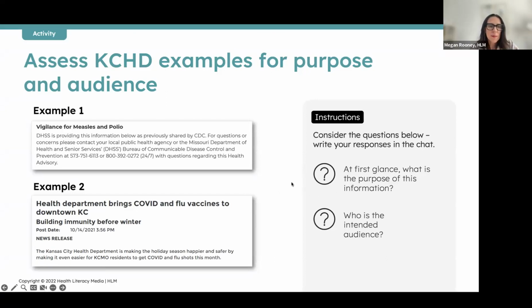Yeah, so it's talking about COVID and flu vaccines, which speaks to the public, which speaks to people who generally know that they need to get their vaccines. Whether they do it or not is up to them. So clearly this is a message for the public, and the purpose is also clear that there are going to be vaccines coming to downtown Kansas City. If you are interested in that, you would read more to learn, oh, where can I go to get those?